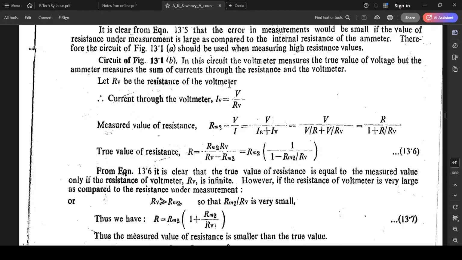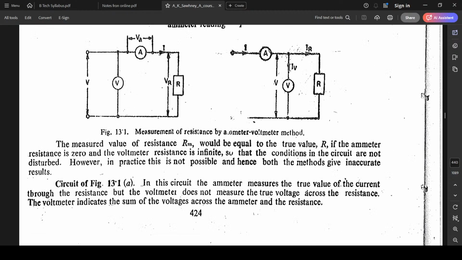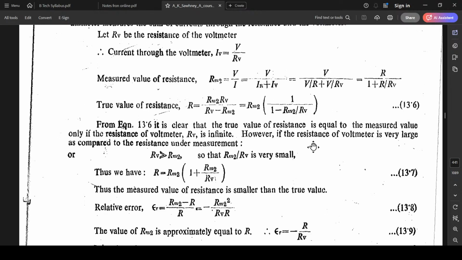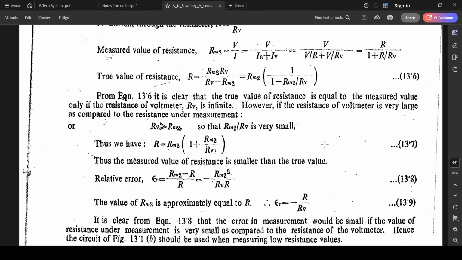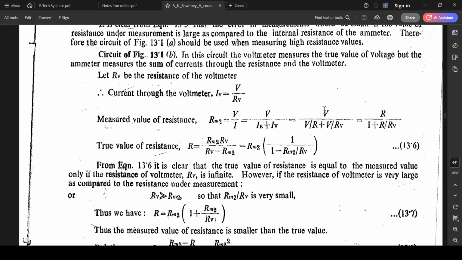Yes, it will be at the ammeter. The current will go here and here, so this is this plus this. And I is equal to V by R.